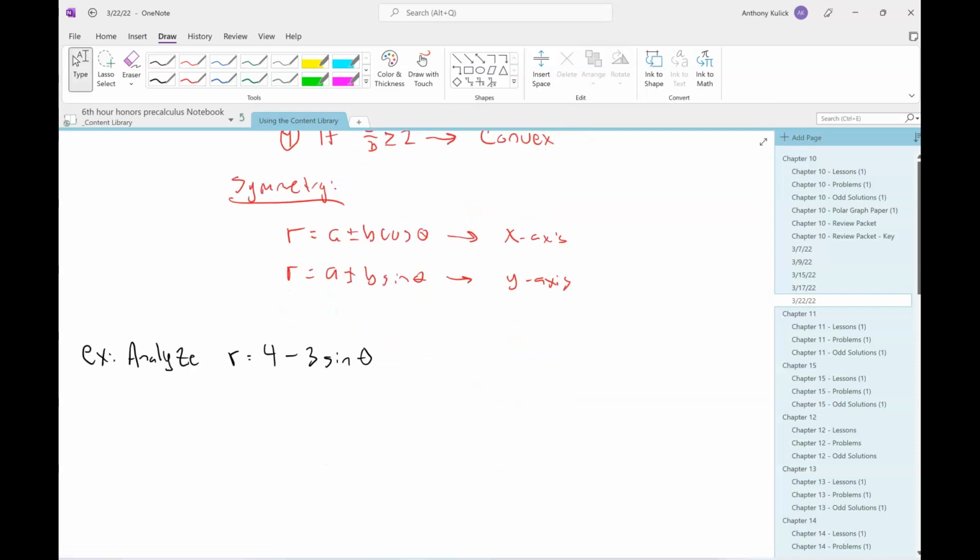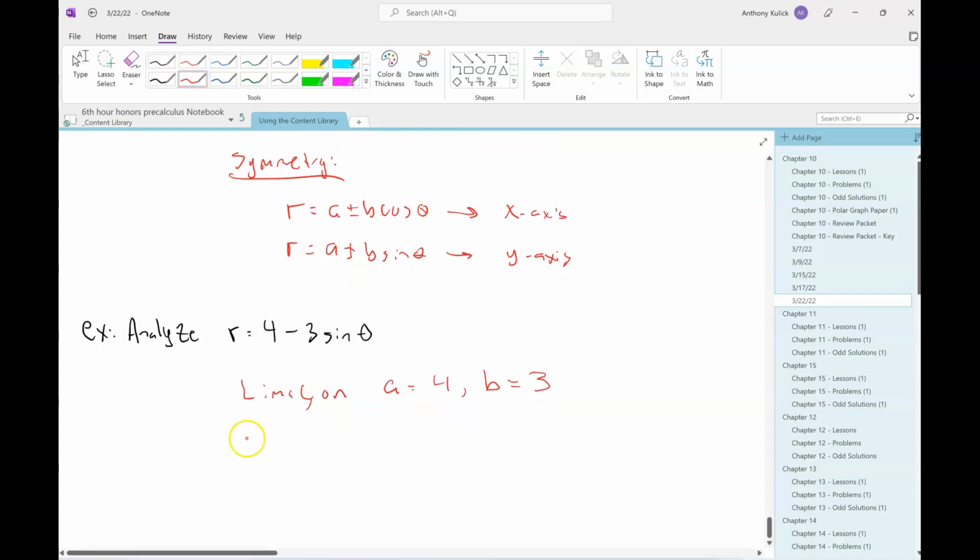Example of this, and then we'll be outie. You guys happy? Okay. So if I look at the form, this is definitely a limaçon curve, where the a is 4 and the b is 3. Remember, the b is always positive, no matter what the sign is in front of it. So I know that the domain here is all real numbers.